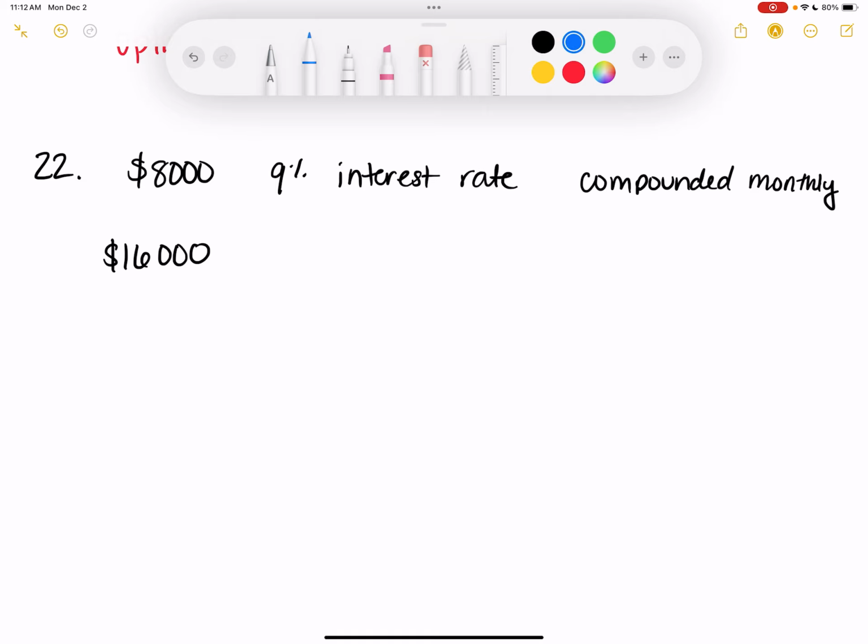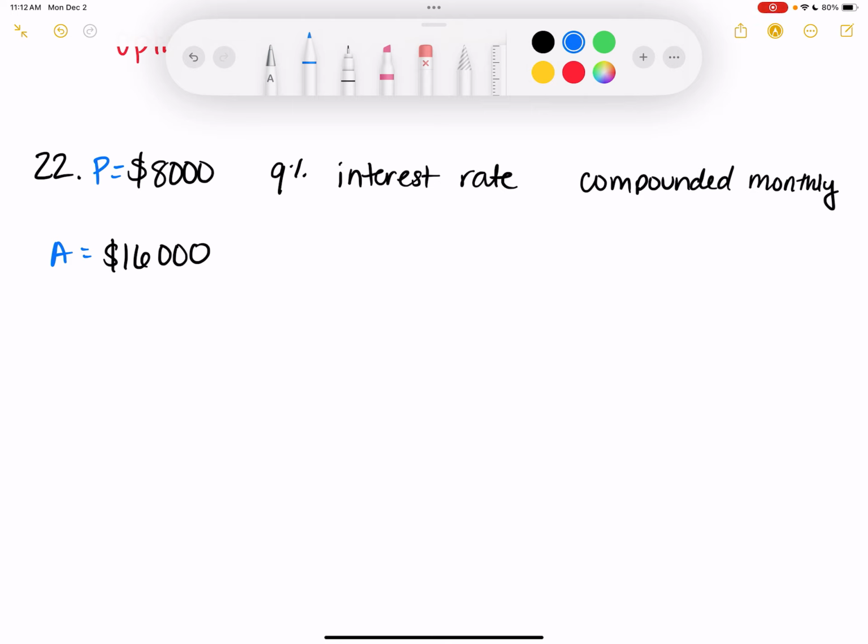So the total amount we're trying to get to is 16,000. So this is A. The principal amount is 8,000, so this is P. The interest rate is R, which as a decimal is 0.09.